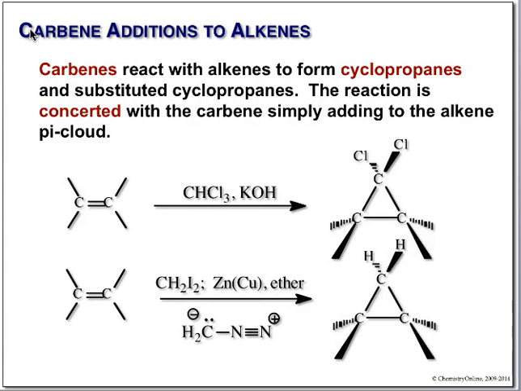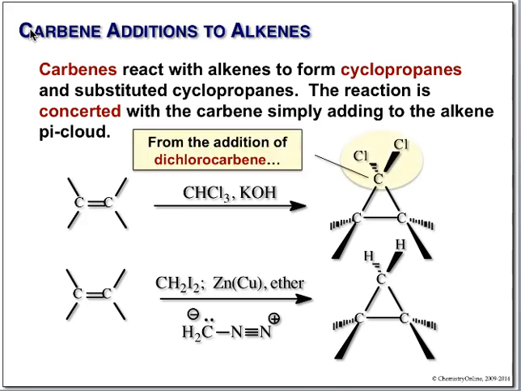When it does, it's a carbon with two chlorines. Now this is a very reactive thing. The dichlorocarbene here will simply add to our pi system. It adds simultaneously, and when you're done, you're left with a cyclopropane with two chlorines on this carbon.